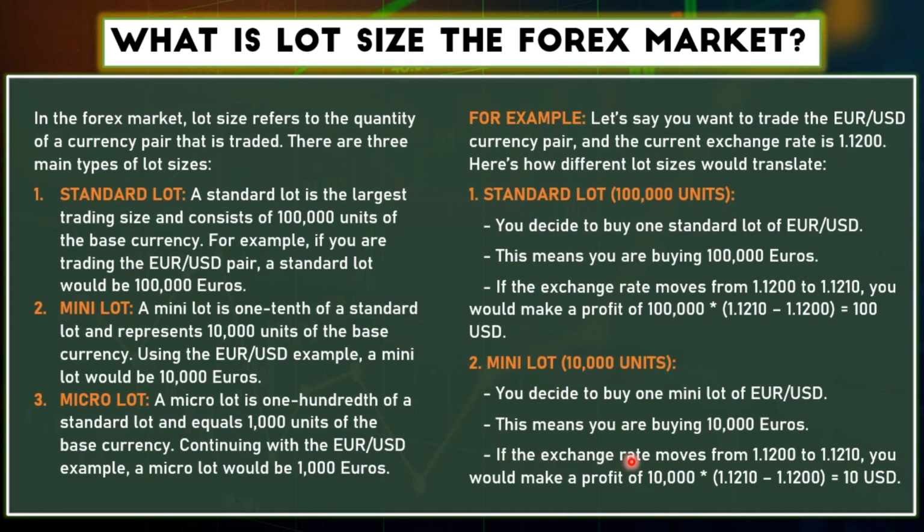If the exchange rate moves from 1.1200 to 1.1210, that means 10 pips added to this price. You subtract this from this and multiply it by the units, and this is the amount you make. You make 10 US dollars.